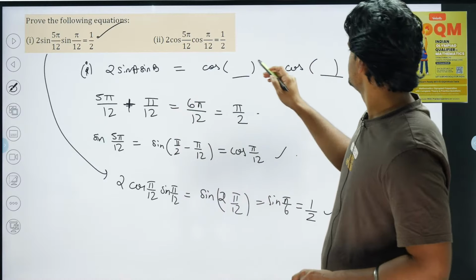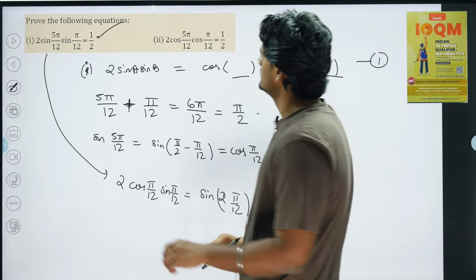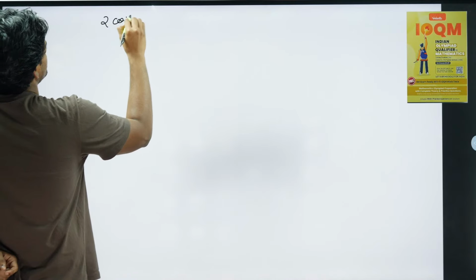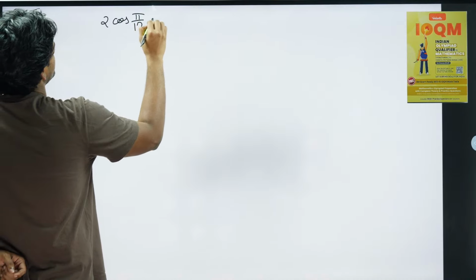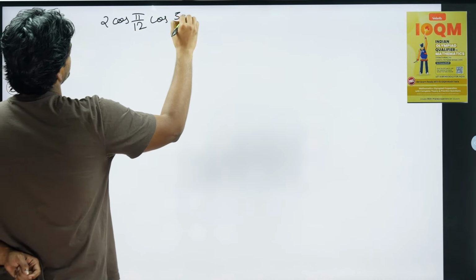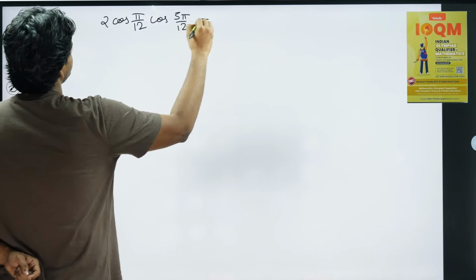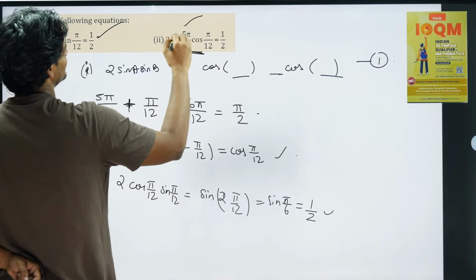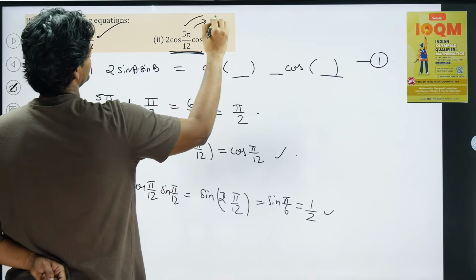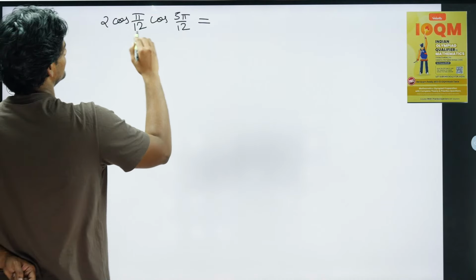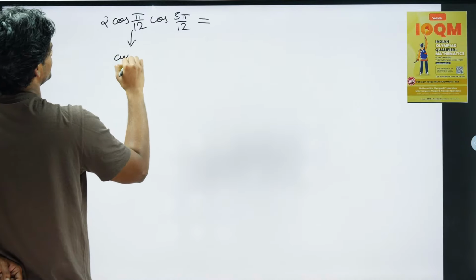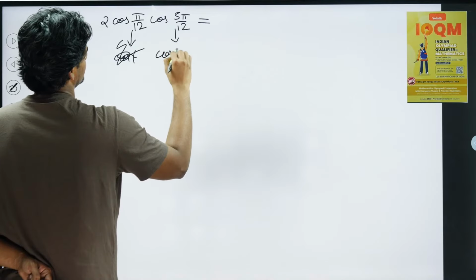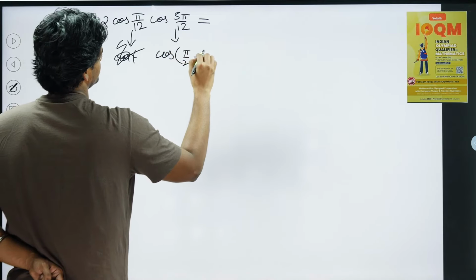The next one is exactly the same. This you can also write as cos of pi by 2 minus 5 pi by 12.